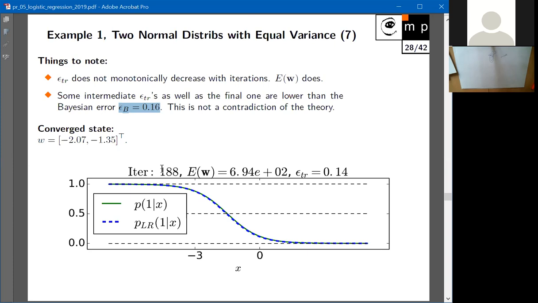The big problem is when the difference between the error on the training and test set is very, very large, because if we overfit on the training set, it doesn't generalize. But here it does.